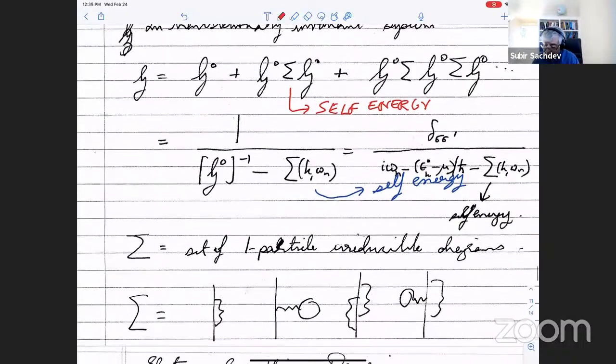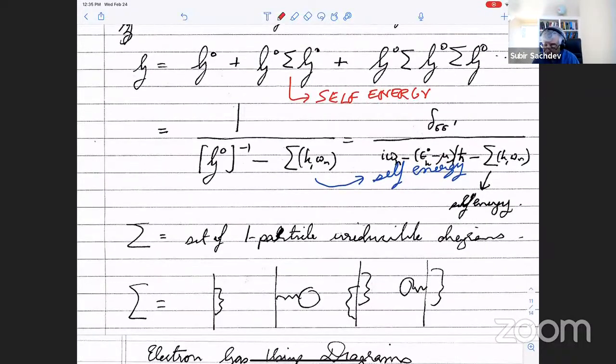And what is sigma? It's basically the set of one particle irreducible diagrams, with one more caveat: with external legs truncated, as we say. So what does that mean?